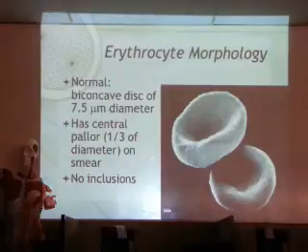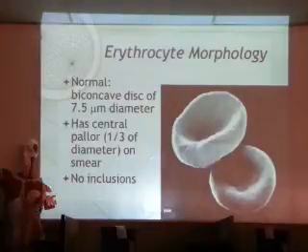It stays in the bone marrow without the nucleus for a couple of days. Then it gets out into circulation and matures for a day or so. Once in circulation, under normal circumstances, it will circulate for about 120 days and then get recycled. That's a normal lifespan.